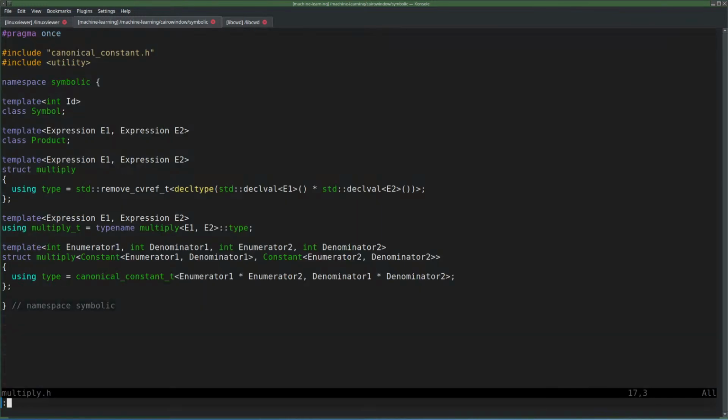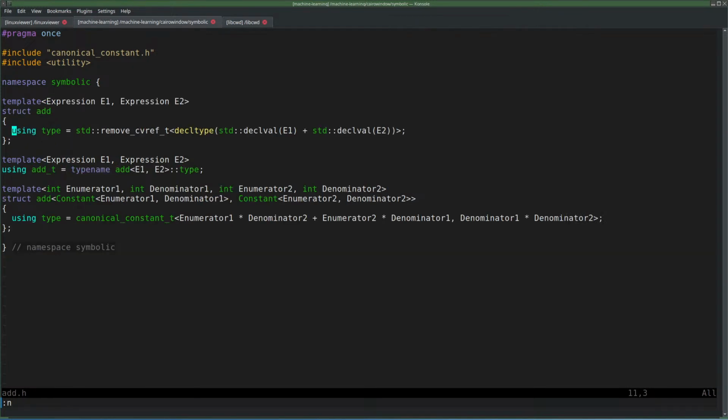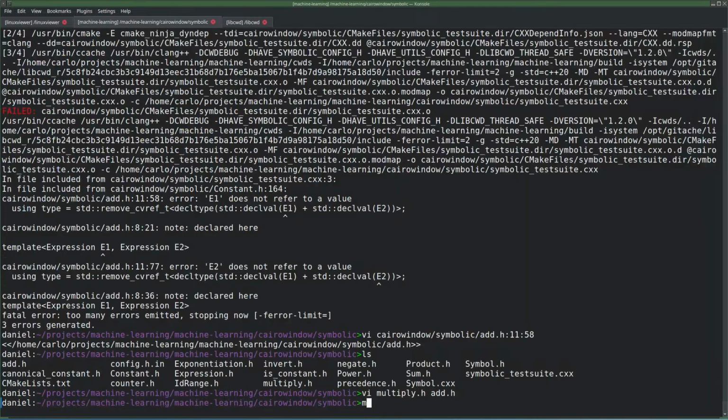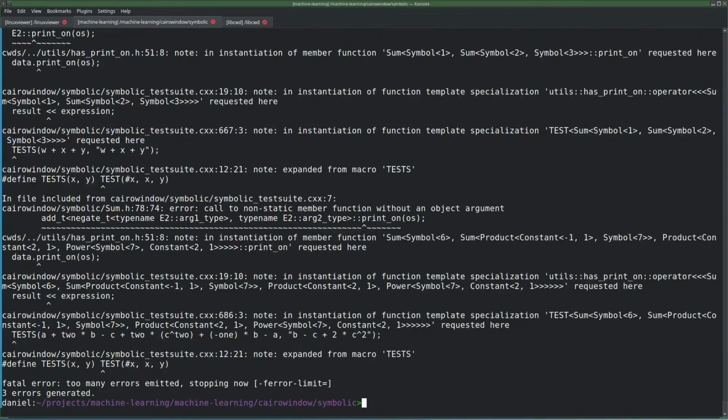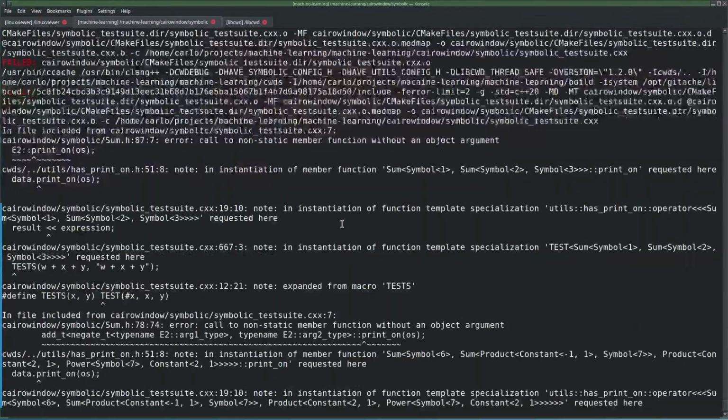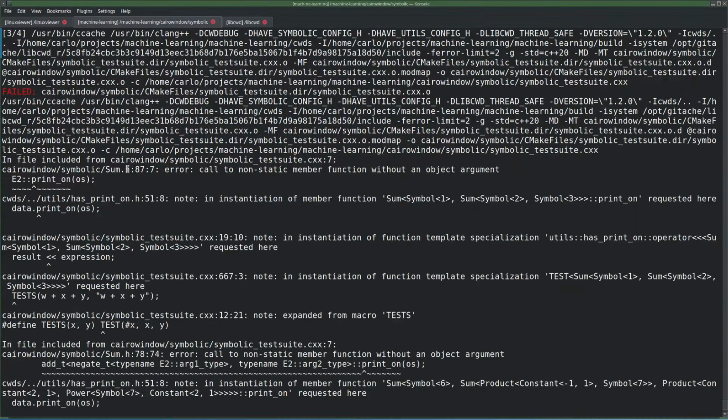Oh, like that. Yeah. Okay. Non-static member function of what? Some, I think.